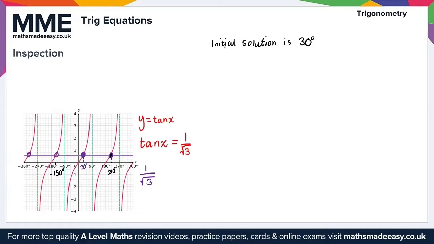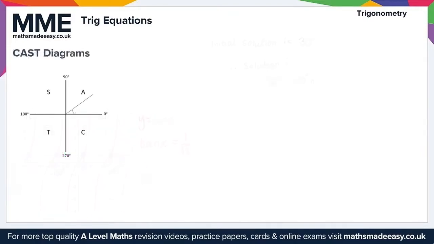So therefore, our solution here is going to be 30 degrees plus 180 degrees times n. And that gives us our solution to tan x being equal to 1 over square root of 3 using inspection.